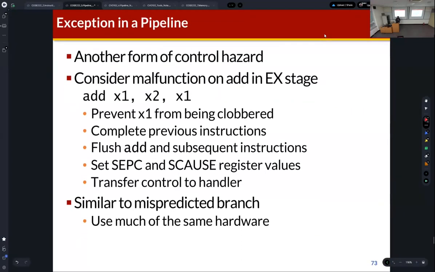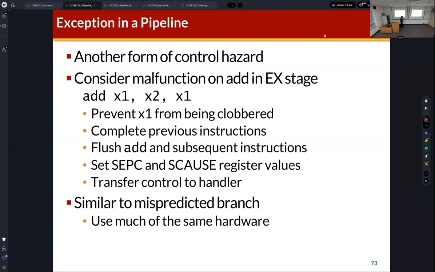So let's see how the exceptions are detected in the pipeline processor. As I mentioned, the exception is very similar to the execution of control instructions such as a jump instruction. Which means that if the exception is handled by the processor, then clock cycles are wasted.